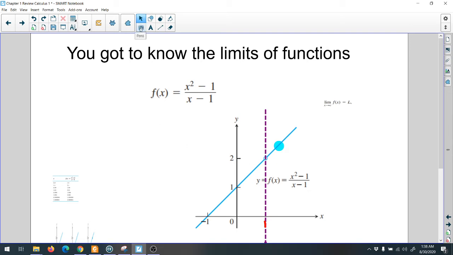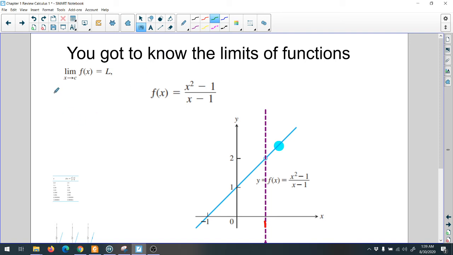So limits of the function, let's organize our information. As you see, this is the formula for the limit: limit of the function when x approaches c equals L. So let's do that here.